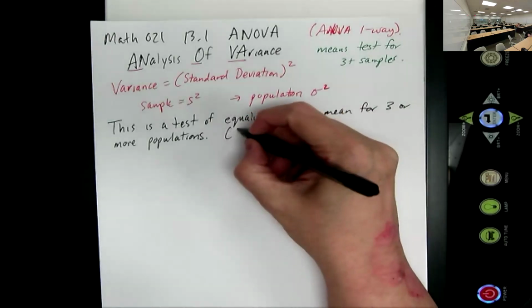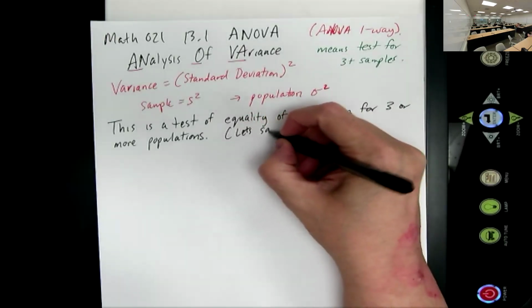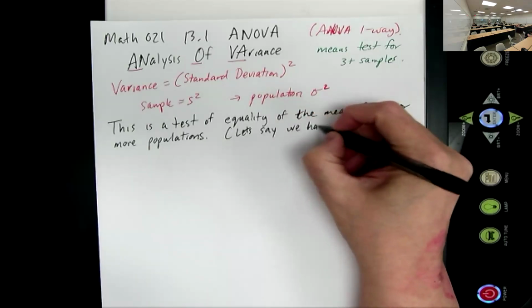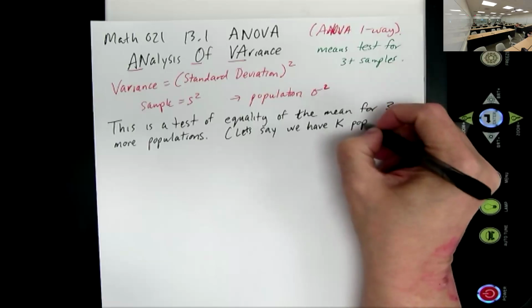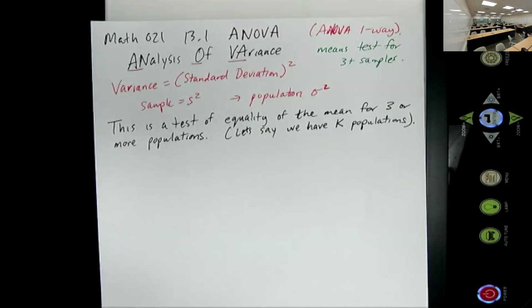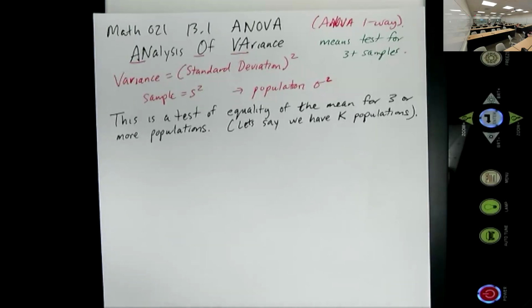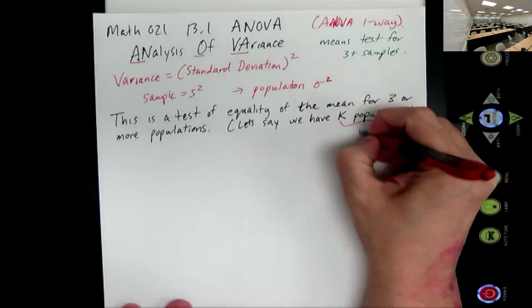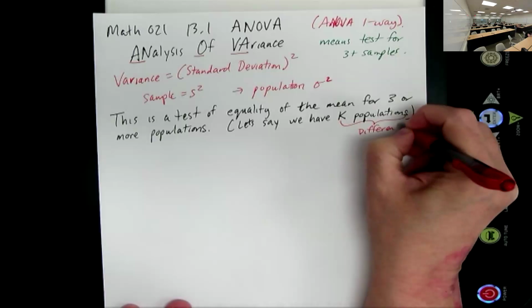Let's say we have K populations. It helps to write H naught and H A. I think this goes without saying, but I'm gonna add it anyways, they're different populations.